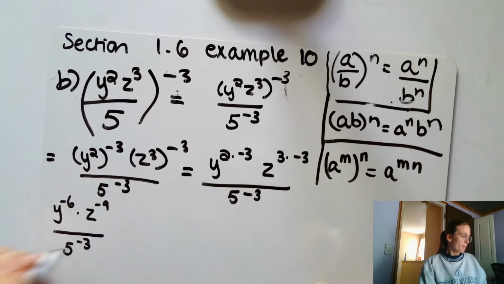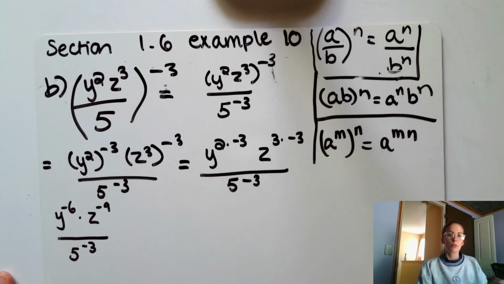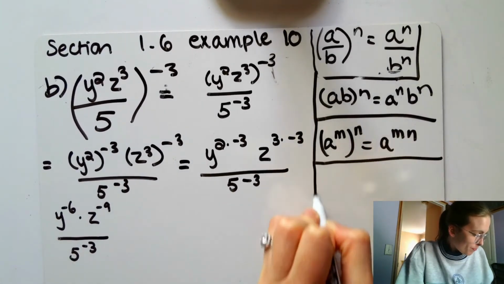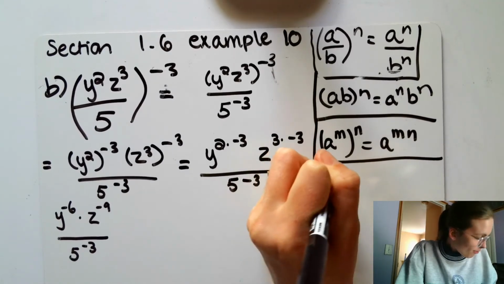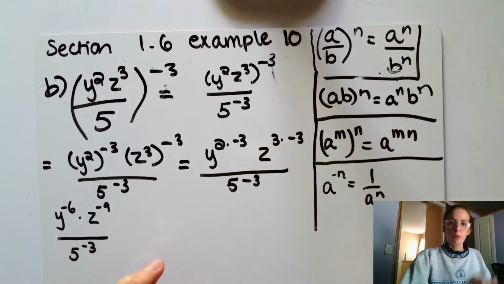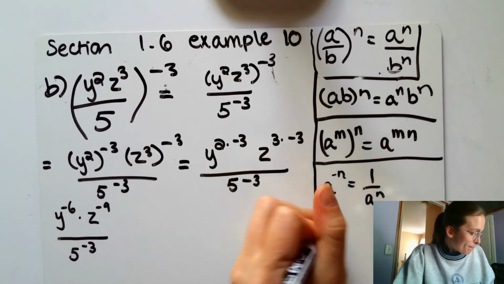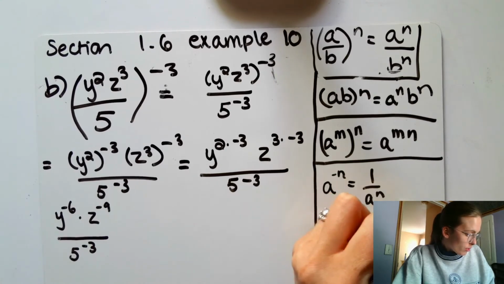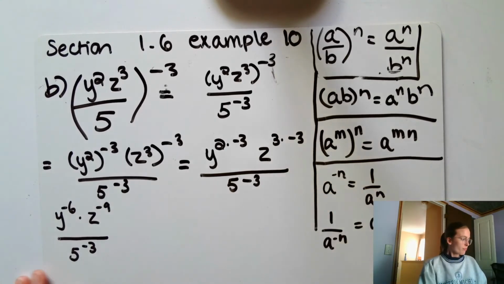Now, what we need to do is use this rule, a to the negative n equals 1 over a to the n, and what follows directly from it, which is 1 over a to the negative n equals a to the n.